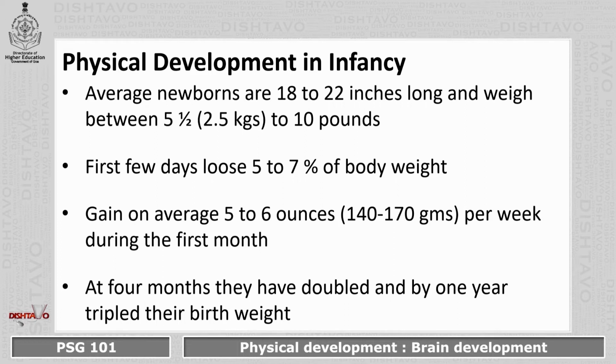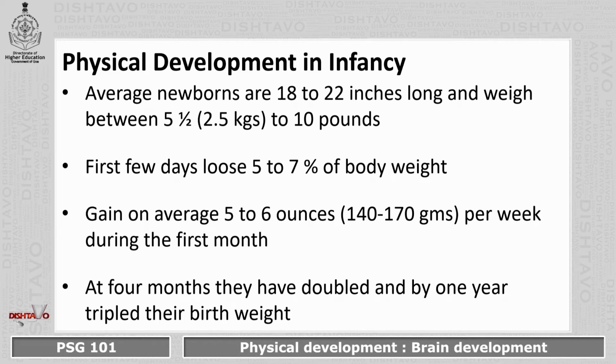That is around 3.4 kgs. 95% of full-term newborns are between 18 to 22 inches long and weigh between 5.5 to 10 pounds. 5.5 pounds is approximately 2.5 kgs.